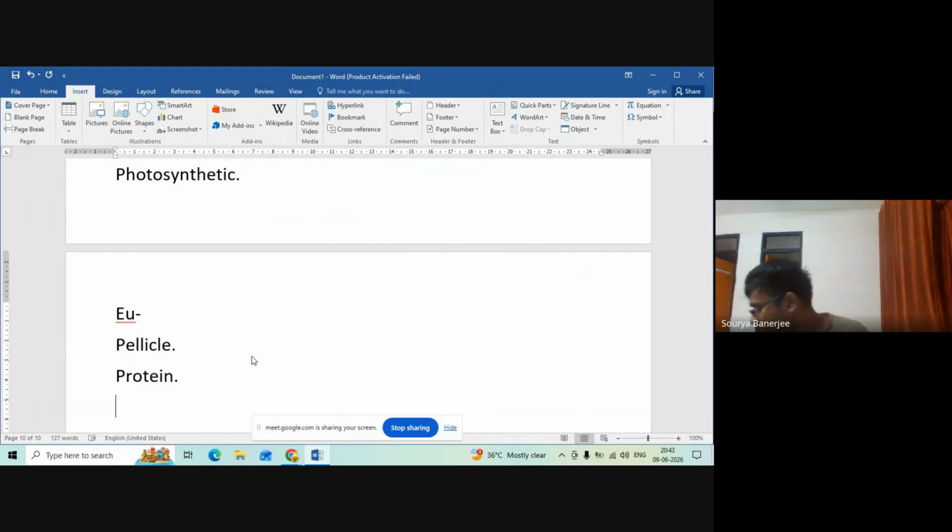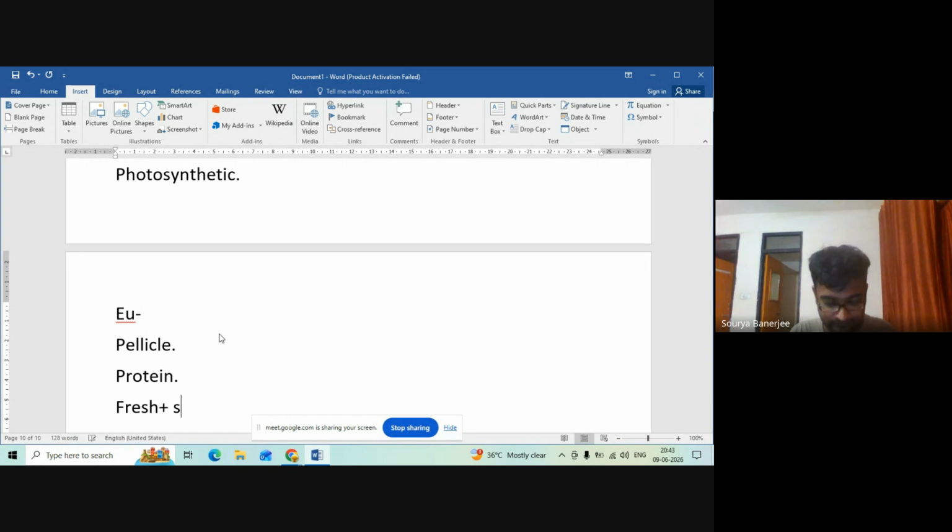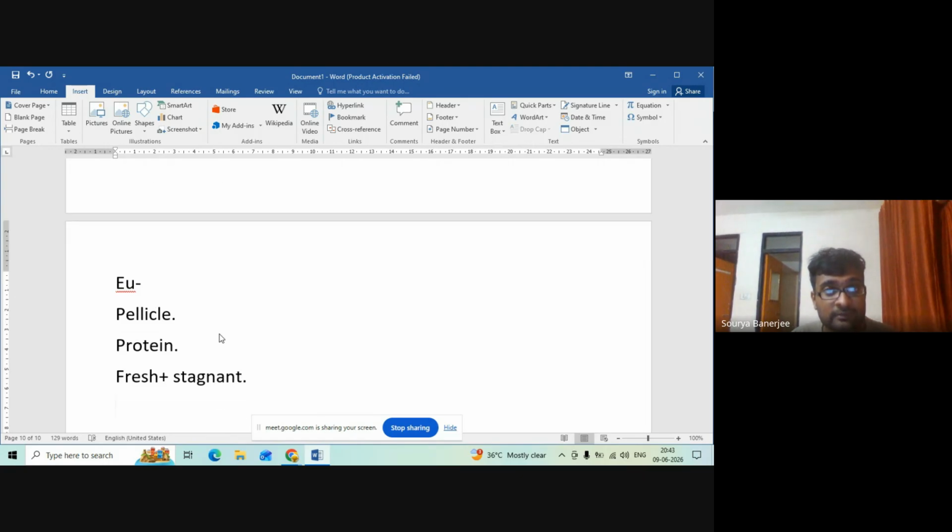So these many points are there in case of euglenoids. Fresh water and stagnant water, fresh plus stagnant, please. Why am I giving this phrase stagnant so much importance?